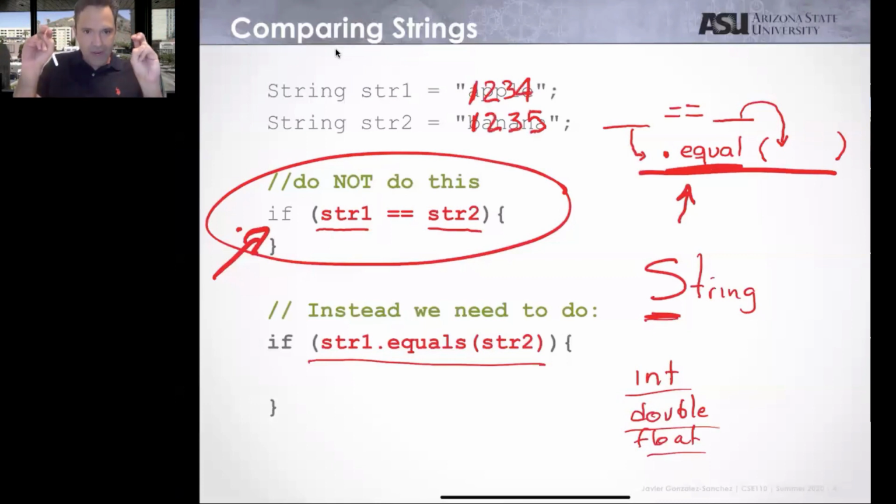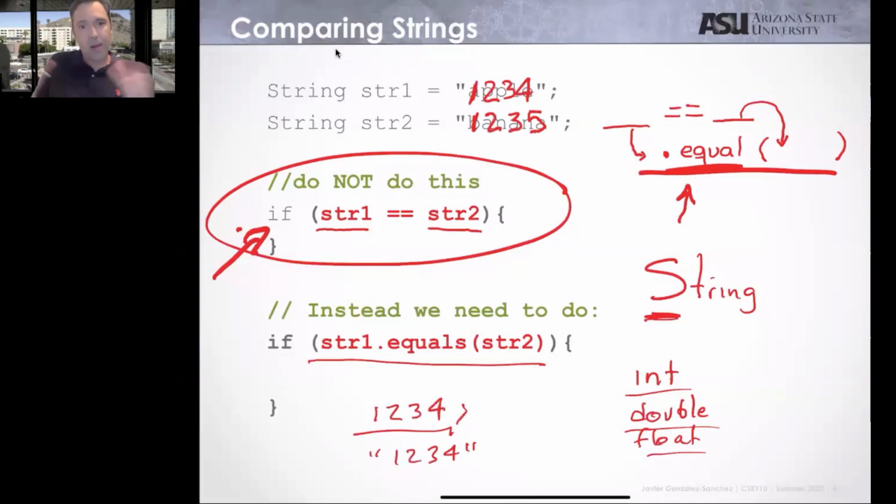Remember, it's not the same having 1234 like this and having quotation marks "1234". When you put the quotation marks, what you have is a string, and inside of the string you have characters, and those characters can be the digits. When we put together the digits without the quotation marks, what we have is a number, so use the number operator.